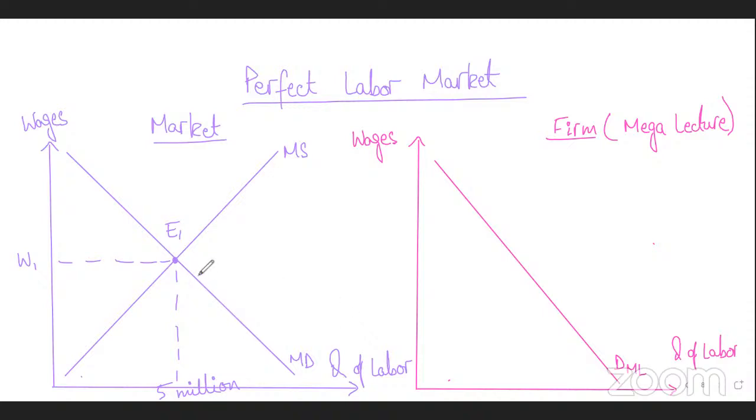Now, you have to extend the wage rate line from the left graph to the right graph, and then I'll draw a straight horizontal line like this. Why am I doing that? I'll explain.